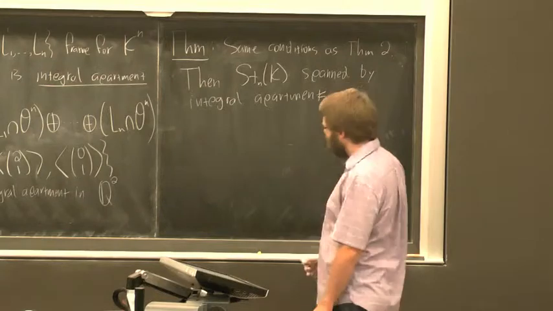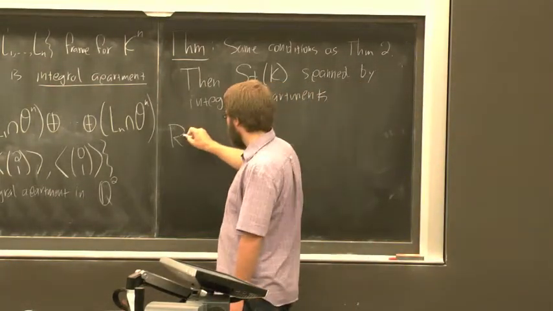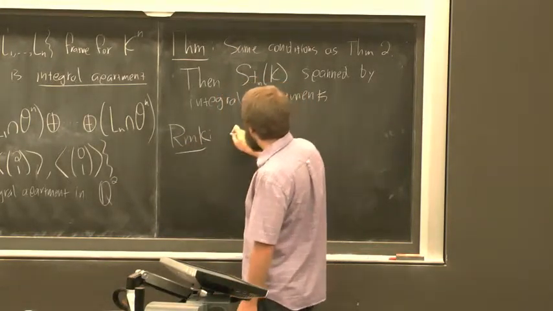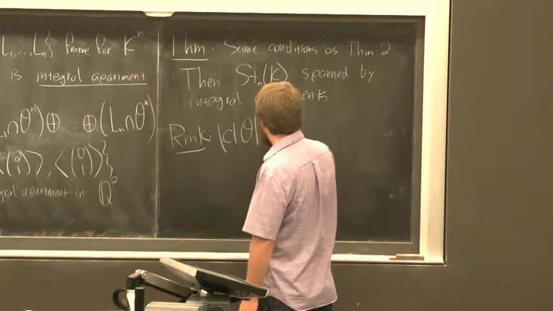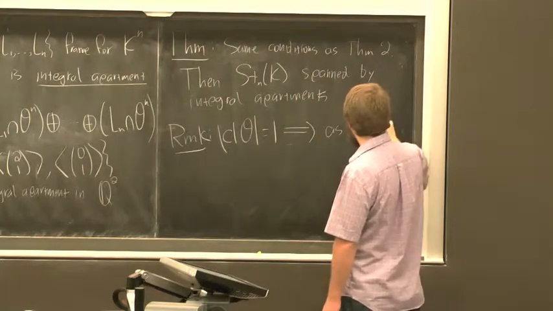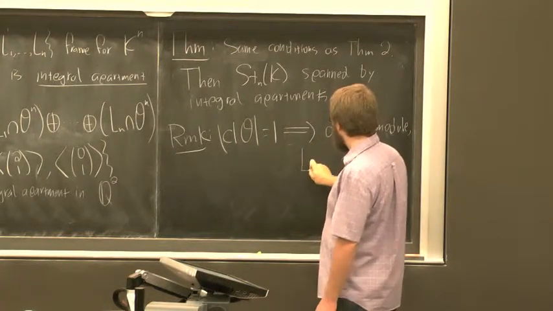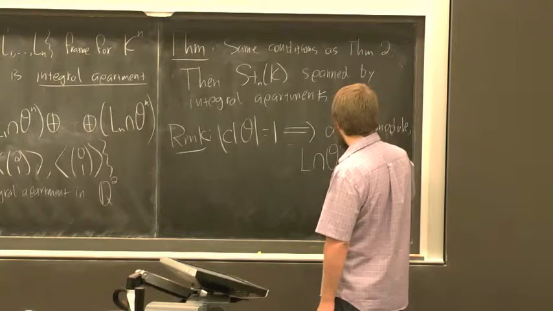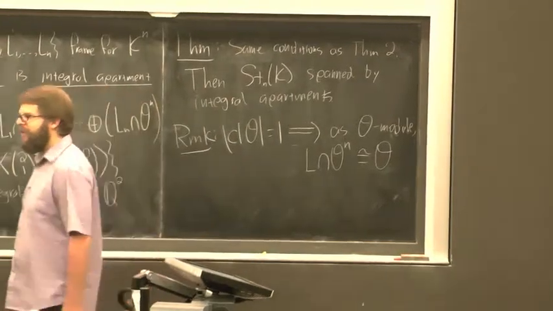Now I should make a remark about where this class number 1 assumption comes into play here. The class number 1 implies that, as an O-module, we have that L intersect O^n is isomorphic to O for all lines inside K^n.